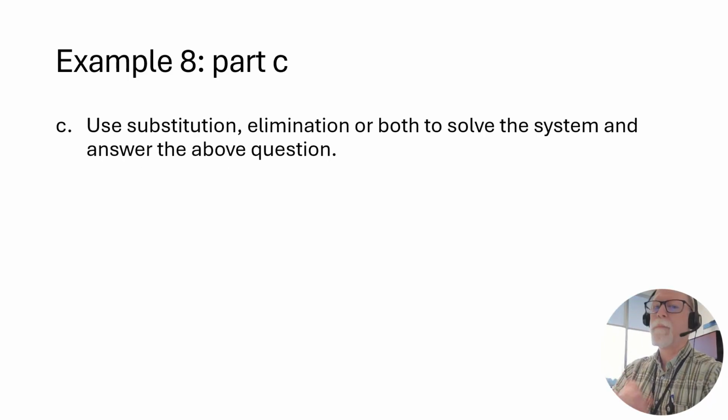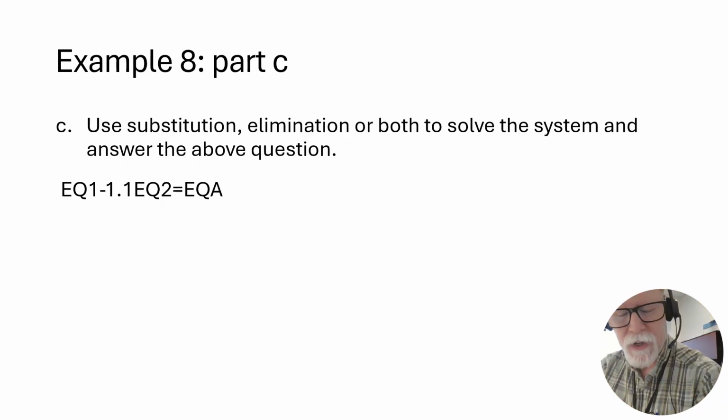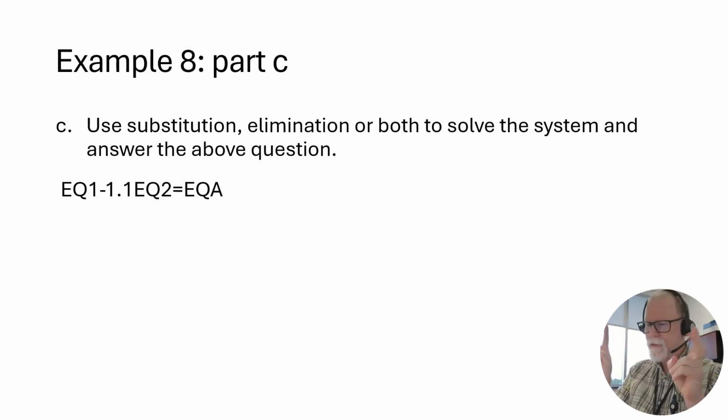I prefer, personally, the elimination method. Sometimes substitution can result in really horrible fractions and decimals and things like that. Try it both ways. See what you like. So I'm going to take the first equation and then I'm going to subtract after I multiply the second equation by that leading coefficient of the x term.